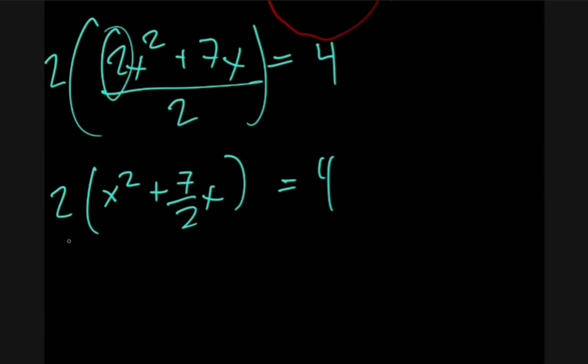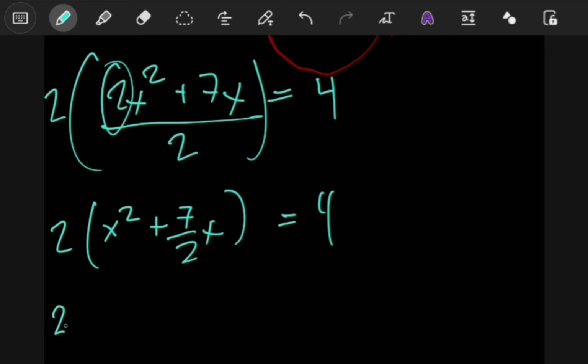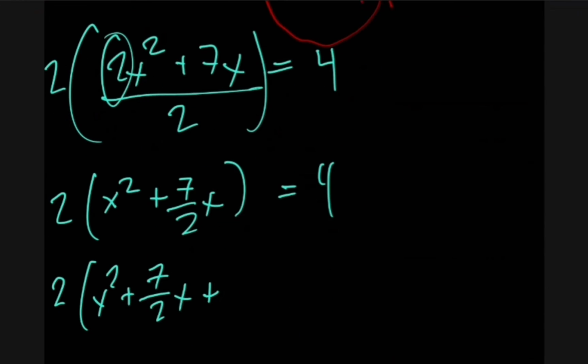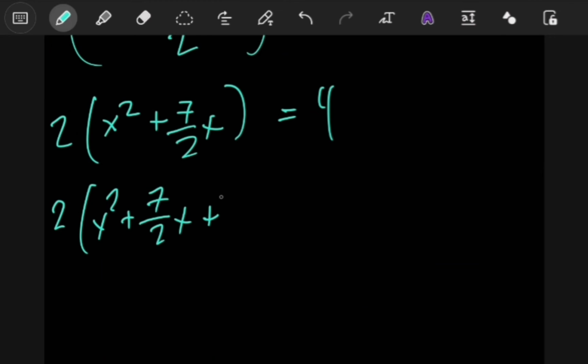So we can complete the square. So x squared plus 7 halves x plus, remember the identity that we used in the previous example, we will use the same identity, that is 7 halves times 1 half squared.